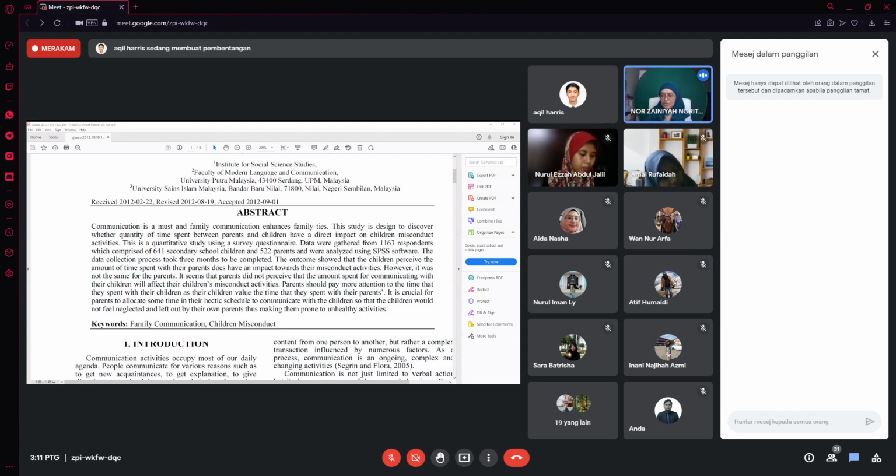Like COVID, we don't really know. We've never experienced COVID before, so we don't know. That's why we're throwing out so many things. Trial and error, see what works. But with this particular paper, we already have that knowledge, that understanding. There's already a result. Misconduct activities.